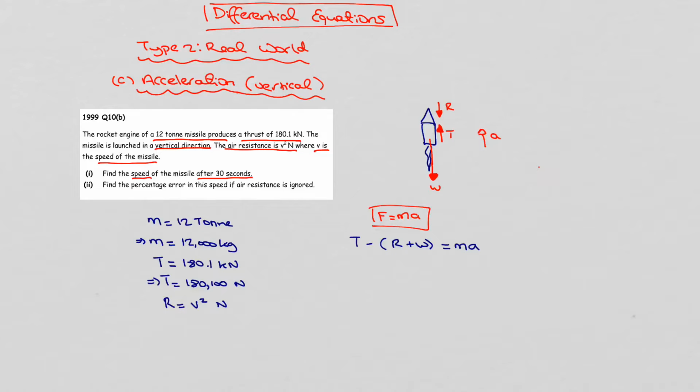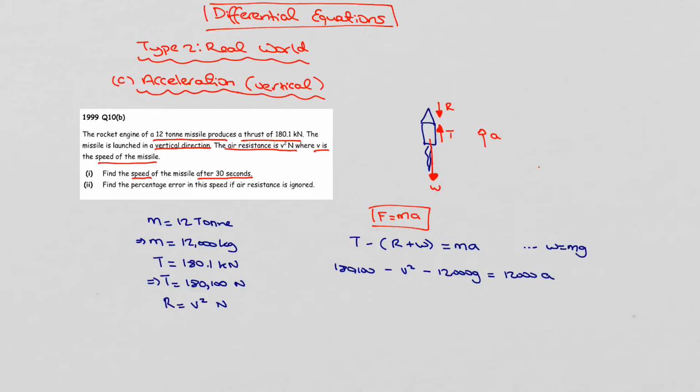So if we sub those values in, we have 180,100 for T, minus v squared, minus the weight. Well, the weight, remember, is mass times gravity. And therefore we have 12,000 g is equal to the mass, which is 12,000, times the acceleration.